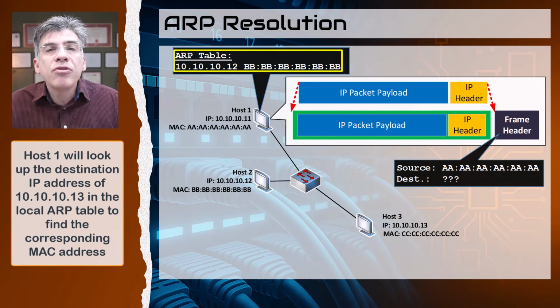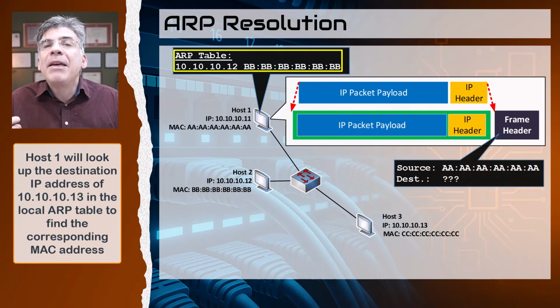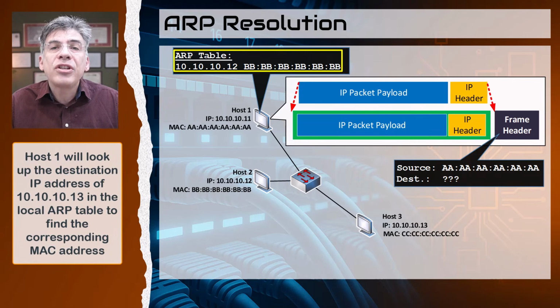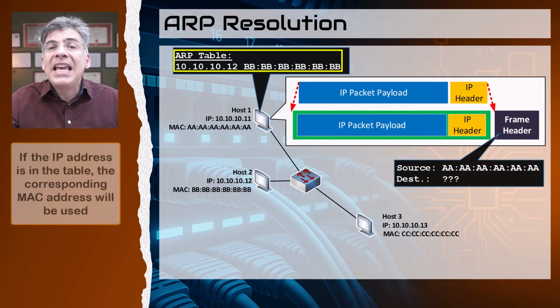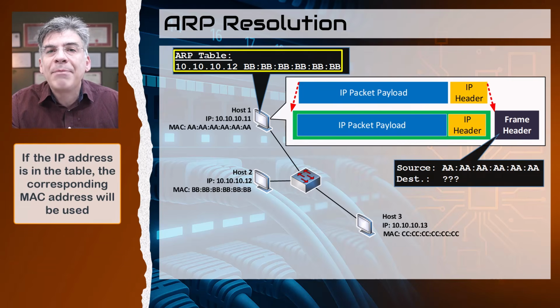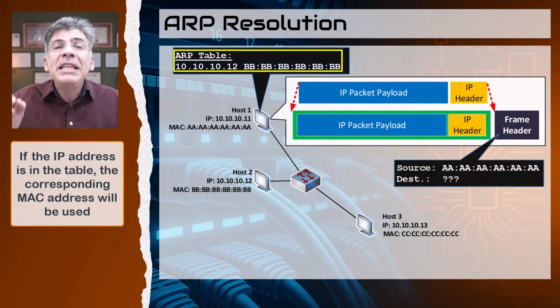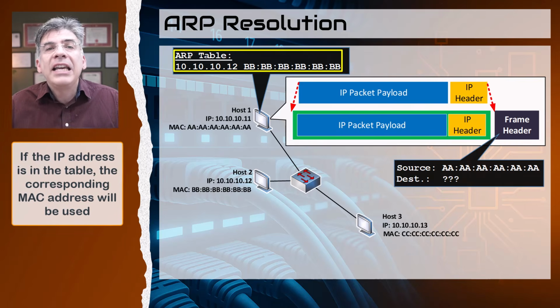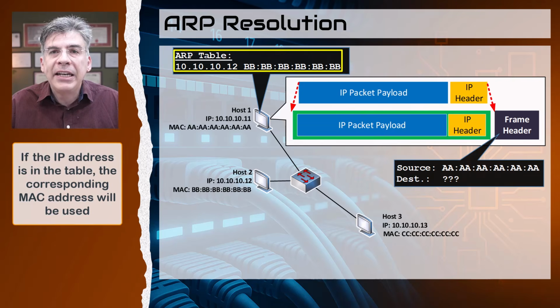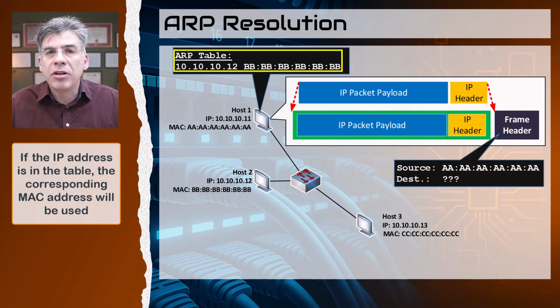This is a construct within every network device that maintains a list of cached MAC address to IP address mappings. If the entry for the particular destination IP address exists, it will be taken from there, and the destination MAC address field in the Ethernet header will be populated, and the frame will be sent along its way.